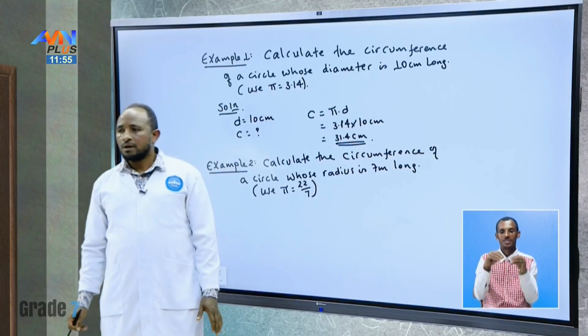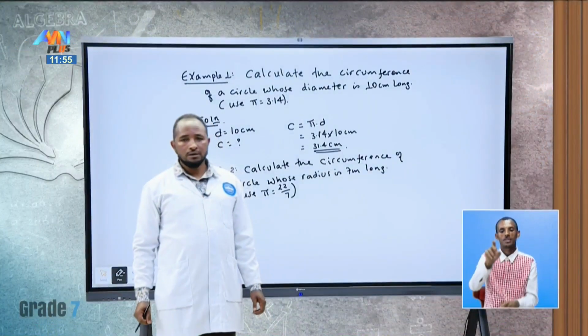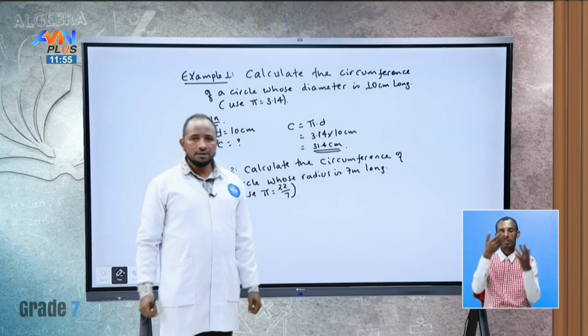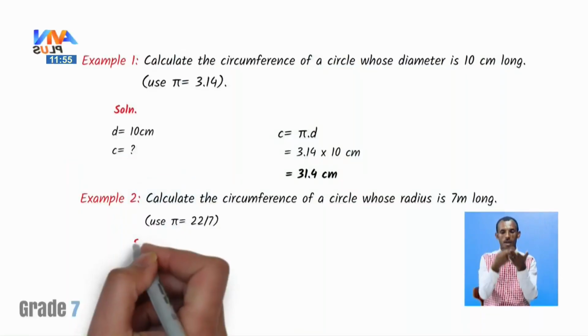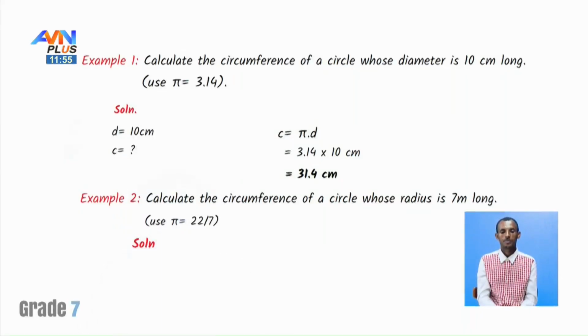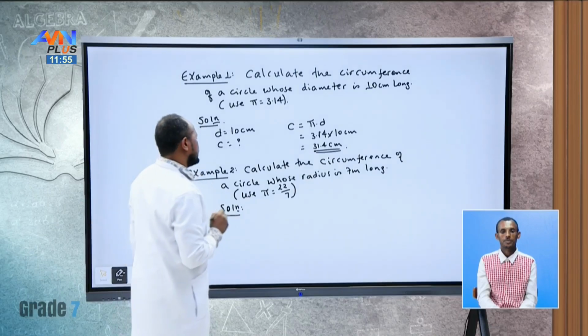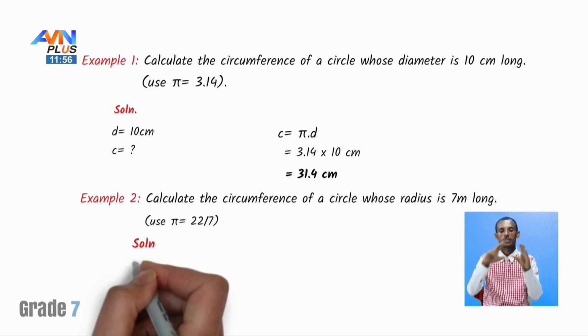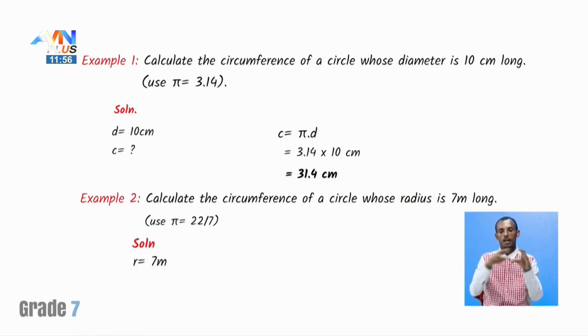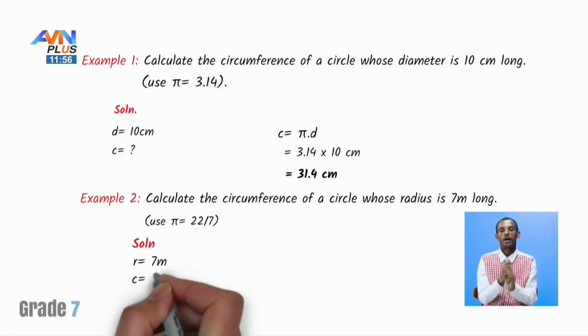Students, have you tried the question? Very good. Now we'll see the answer together. Okay, here the radius of the circle is given to be 7 meter, and we are asked to find the circumference.